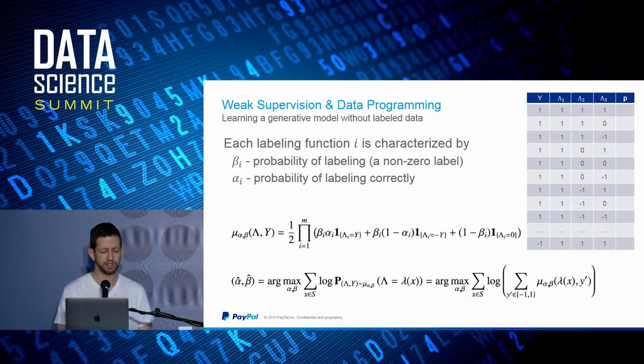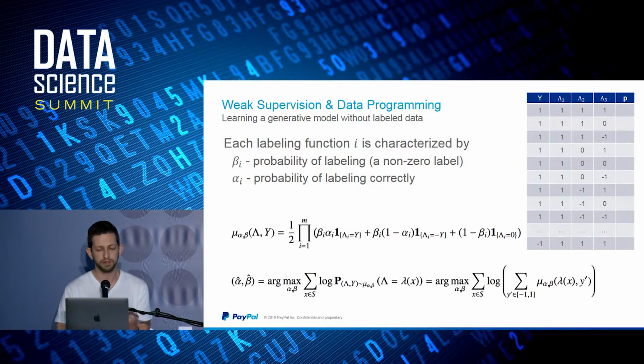It's the expression given here. The details are not that important, but what is important is that, given an unlabeled training set, we can find the alphas and the betas that maximize the log likelihood of our observations, of the different labels that we have seen our labeling functions output for this training set.